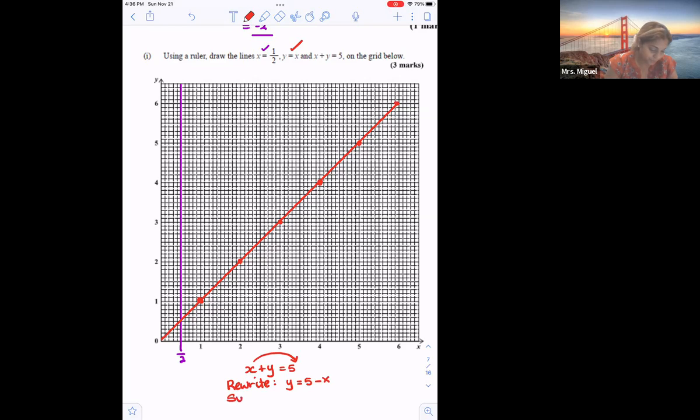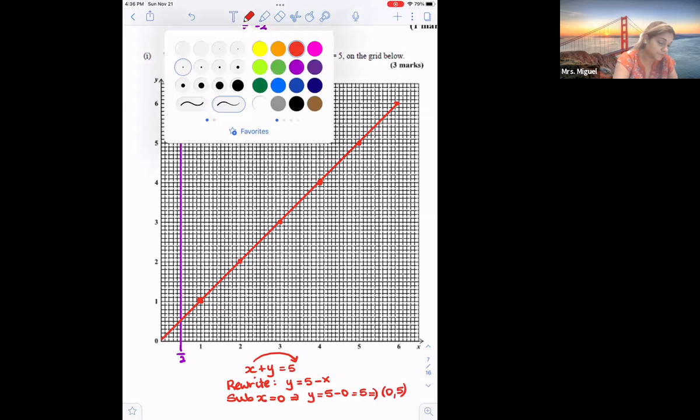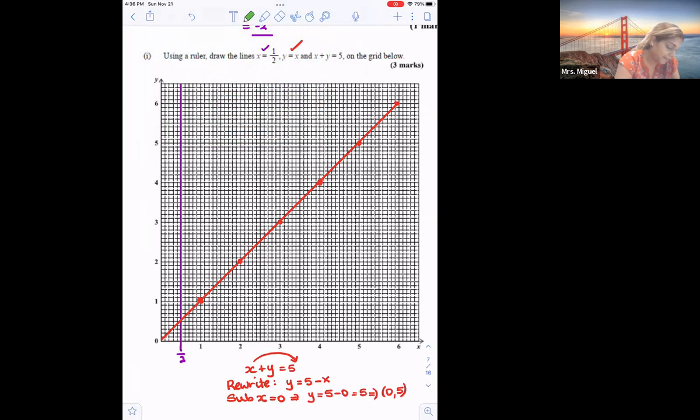So substitute x equal to 0. Therefore, y is 5 minus 0, which is 5. So we have 1 point, 0, 5. So let's find 0, 5. This is 1 point on the line.